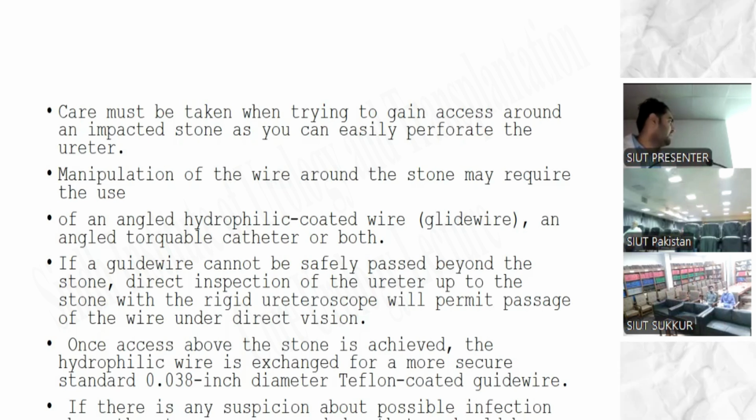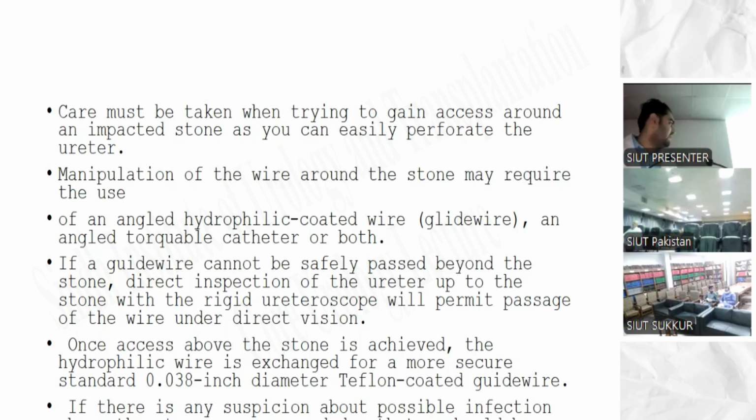If the guide wire cannot be passed safely beyond the stone, direct inspection of the ureter up to the stone with the rigid ureteroscope will permit passage of the wire under direct vision. As I told you, once access is achieved, the hydrophilic wire is exchanged for a more secure standard 0.038-inch diameter Teflon coated glide wire.